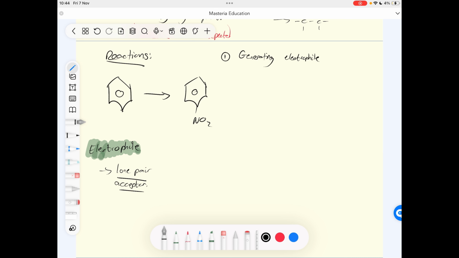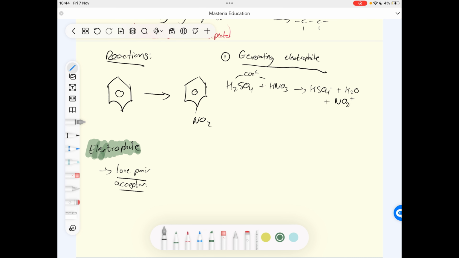Now, in the case of making nitrobenzene, the way we generate our electrophile is we use H2SO4 and react it with HNO3. These are both concentrated, which is an important part to remember. When these react, this will form HSO4 minus, H2O, but importantly, it will form NO2 plus.